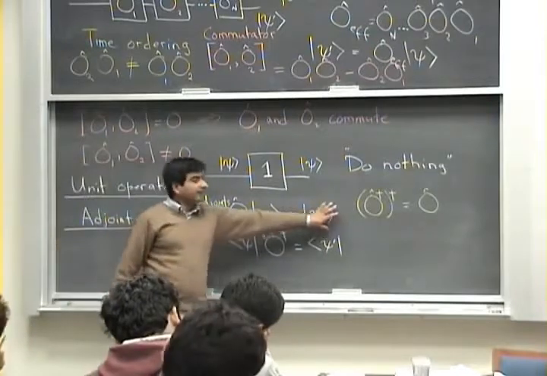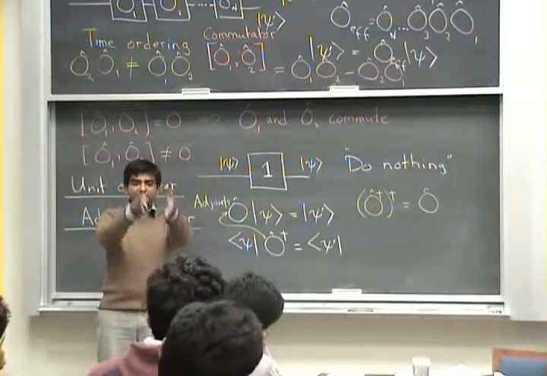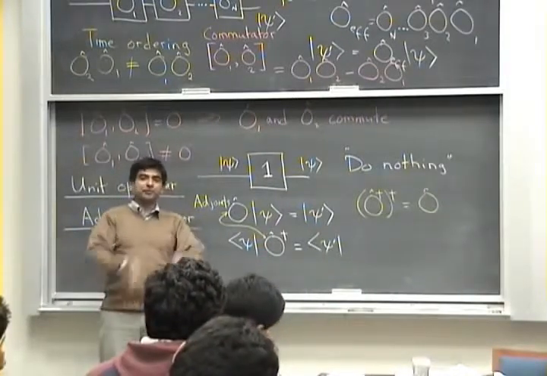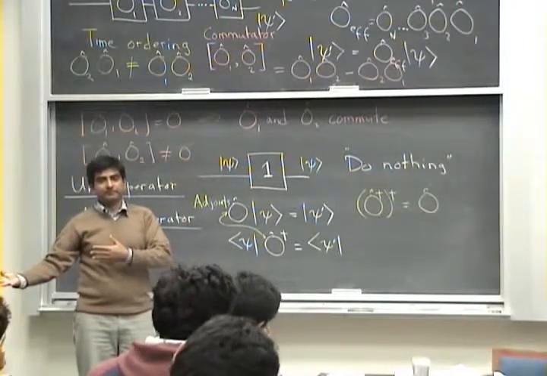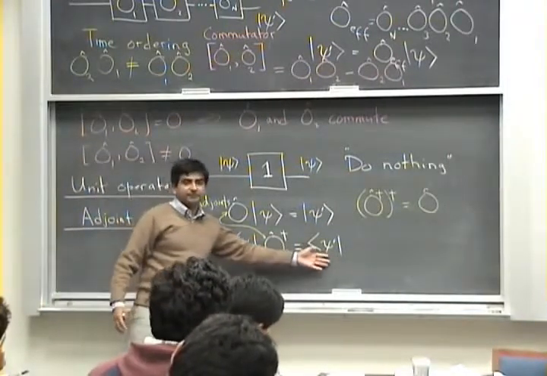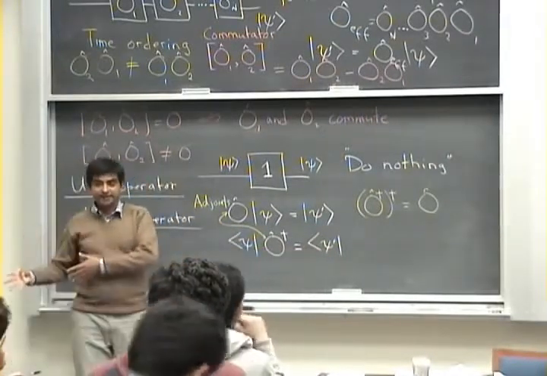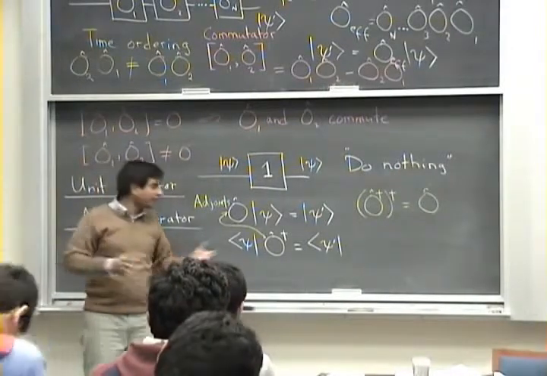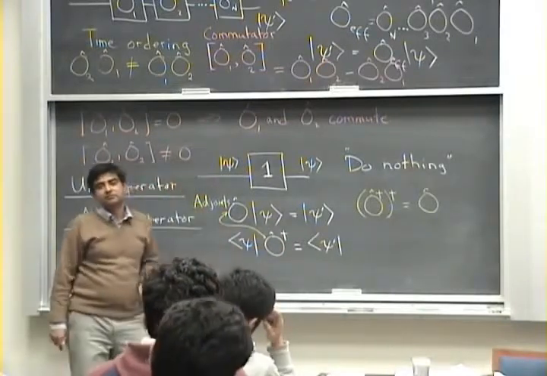So in the Hilbert space, in which kets live, quantum states live, you have operators that act on the kets to give you new kets. In the dual space, bras live, and there are operators that act on the bras to give you new bras.